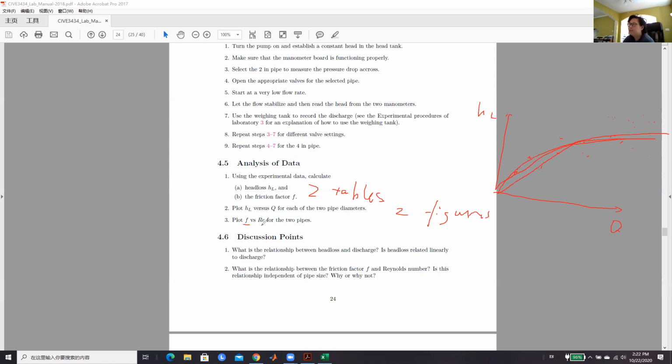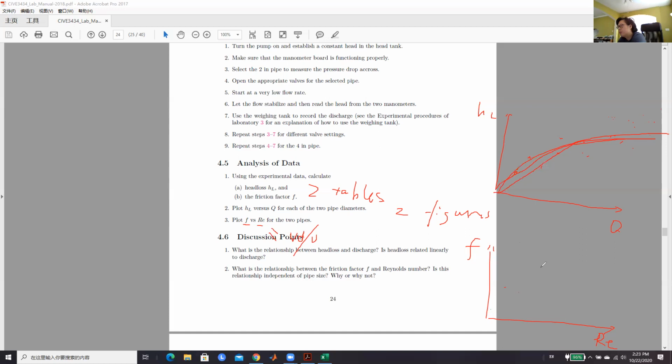And plot F and Re in the two pipes. That's another two figures. The y-axis is your friction factor F, and this is your Reynolds number. Just to remind you, Reynolds number is equal to V times D over kinematic viscosity. If the Reynolds number is bigger, the friction factor is bigger too.